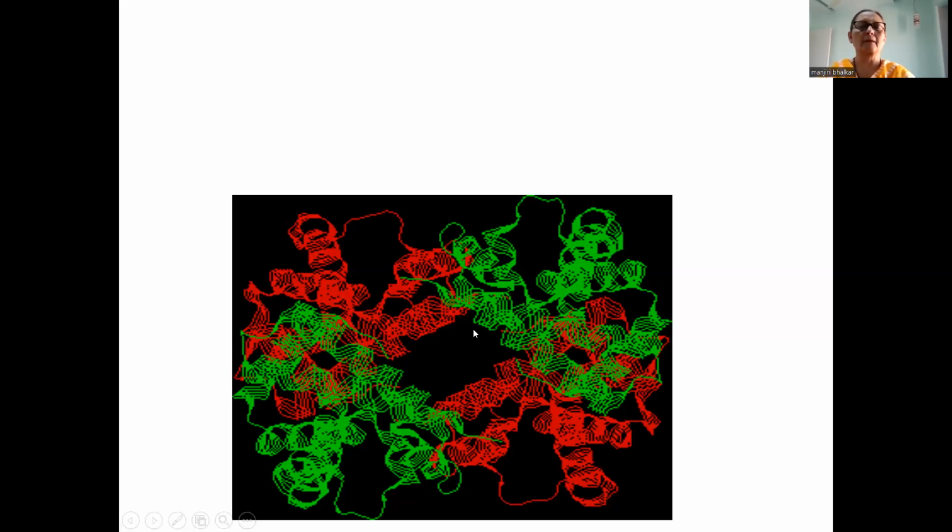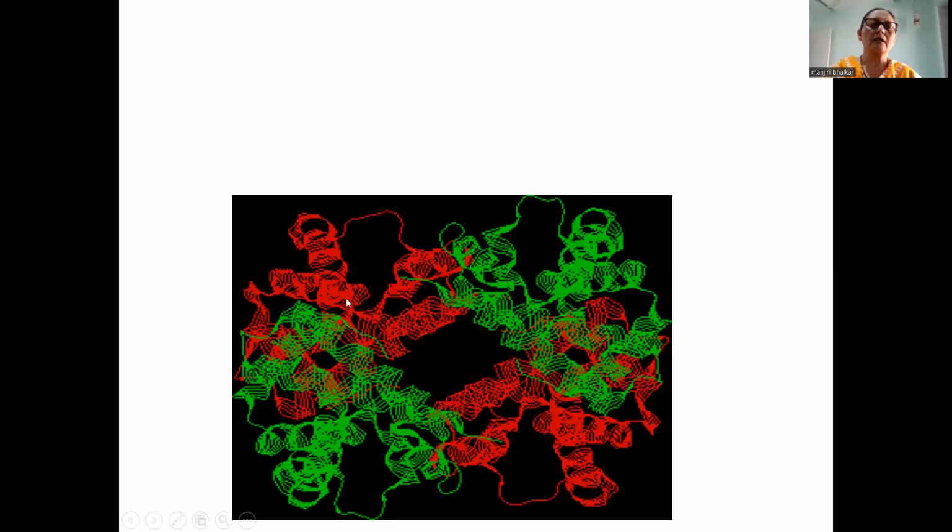Now inside the hydrophobic pocket of each of these globin chains, there is a heme which is situated. Now you can see that there is an interaction between the adjacent globin chains, and these interactions are non-covalent. That keeps them together as a quaternary structure.